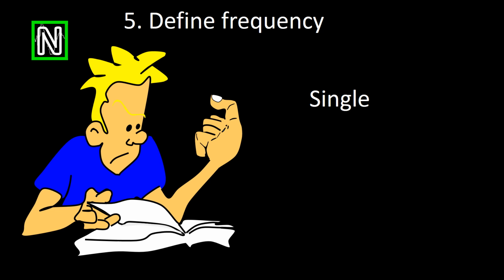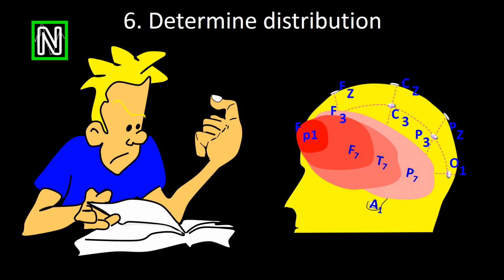They usually occur single. The first deflection of the N wave is often unusually negative in the frontal area, maximally prefrontal.